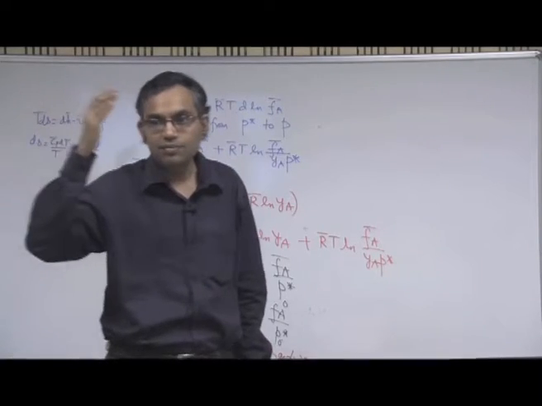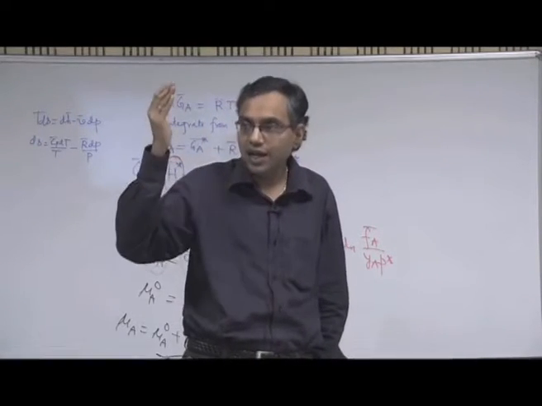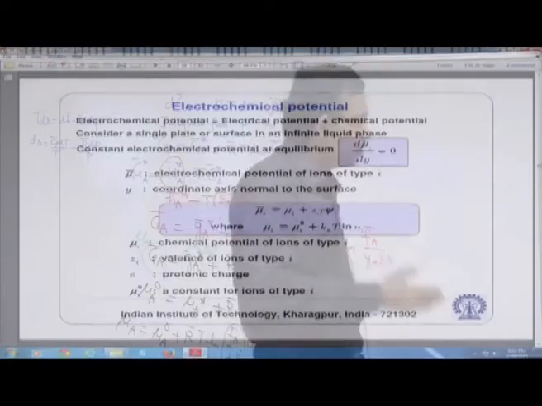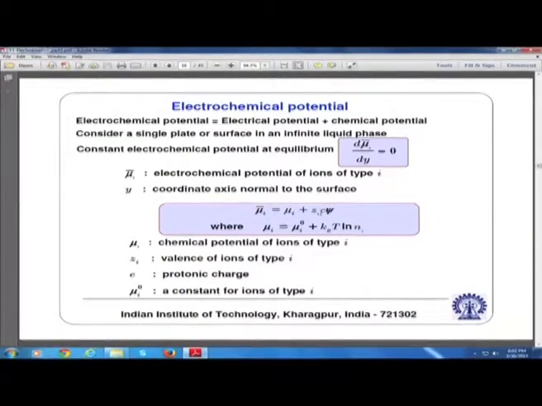So you have a distribution of psi as a function of y. So the electrical potential part is also a function of y. So what is the total potential? Mu I bar is equal to mu I 0 plus kBT ln Ni plus Zi E psi. So we will start with this expression and see what we get for equilibrium.